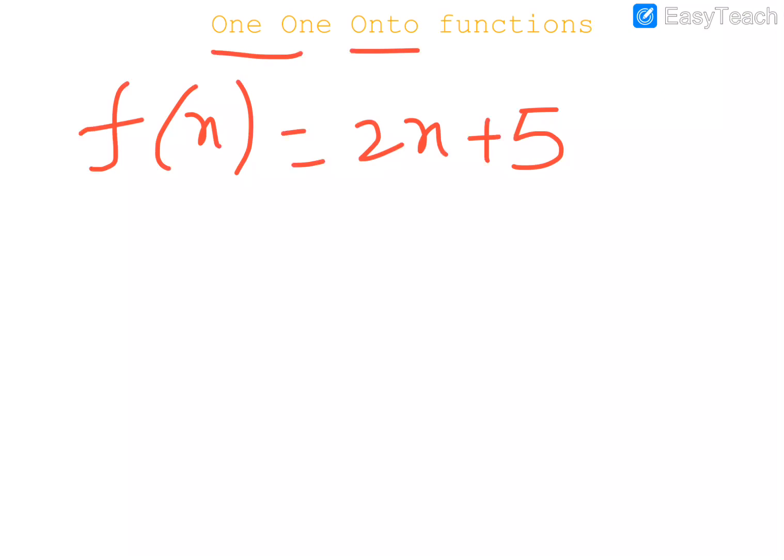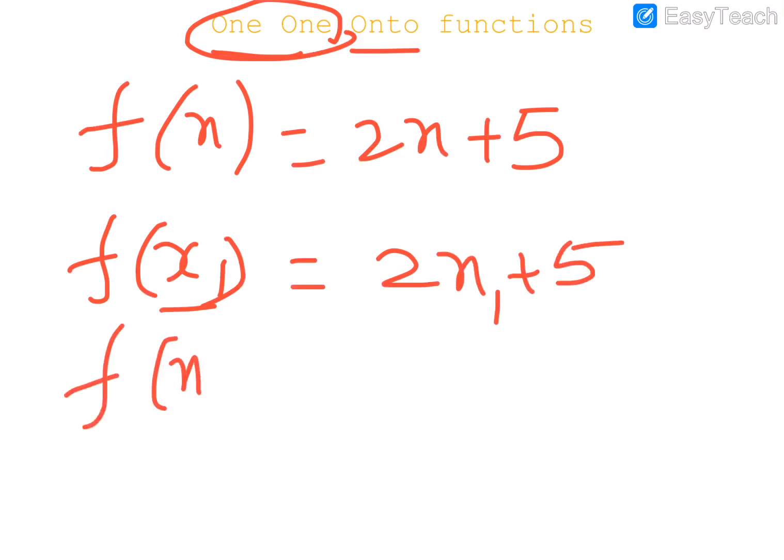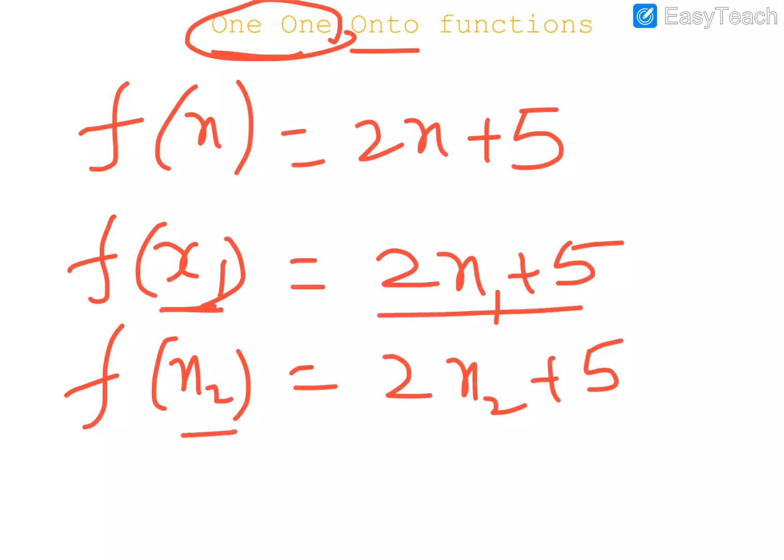Let's see the first thing, how to prove it is a 1-1 function. To prove it is a 1-1 function, we have to take two elements, f(x1). Let us see what is the image of x1: 2x1 + 5. Now what is the image of x2? 2x2 + 5. Now the basic problem is, we have the image of x1 and x2 in the function.